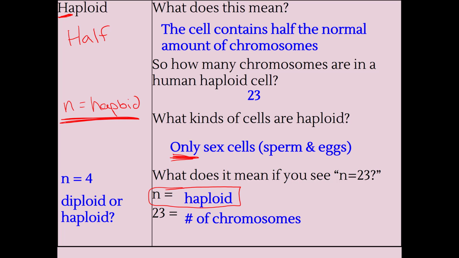So if I look at the side and I have N equals 4, I need to figure out what N means. This is going to mean that it is haploid. If I had N equals 5, this would mean that it is haploid, and I have 5 chromosomes within that cell.